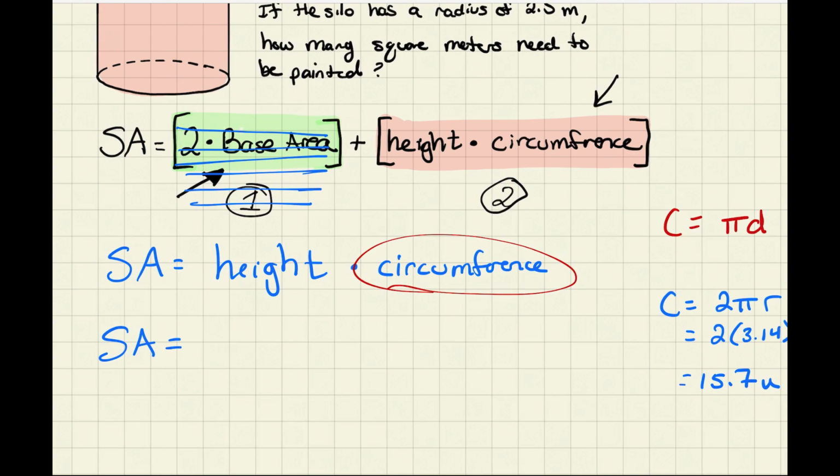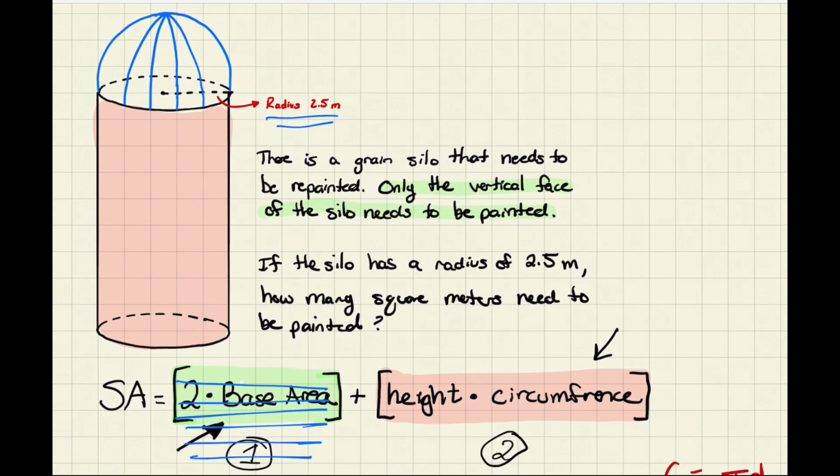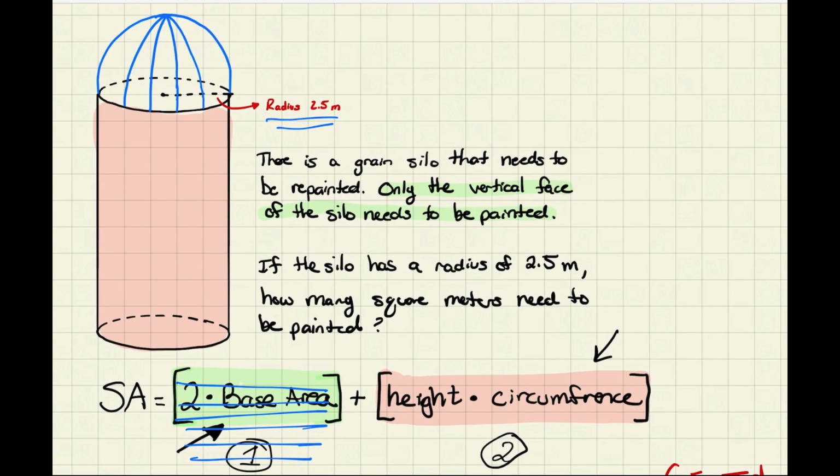So surface area equals height times 15.7 units. The last piece of this puzzle is the height, and I purposefully did not include that at the beginning of this problem because I wanted to focus on understanding the problem as a whole, and that means that we are only going to be solving for part of that total surface area of the cylinder.